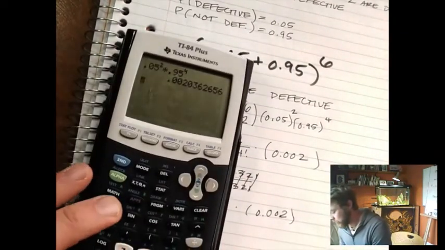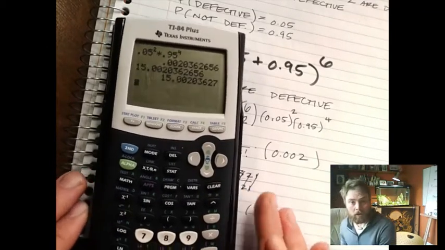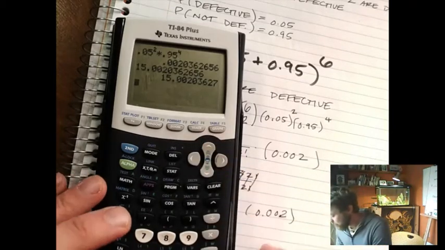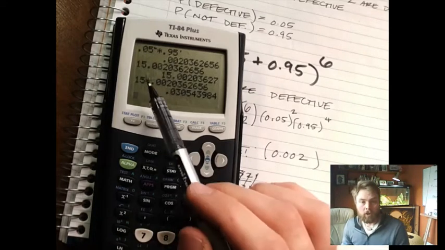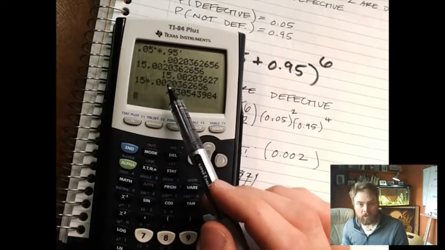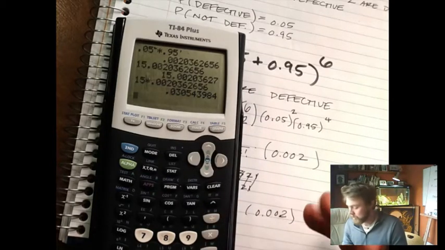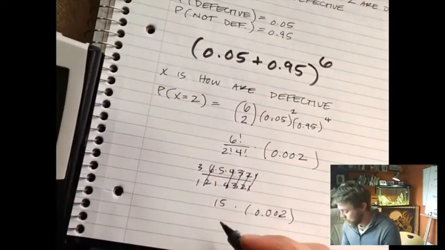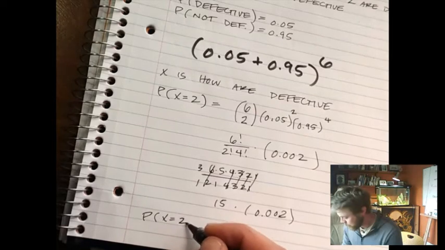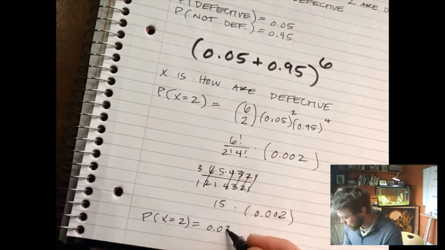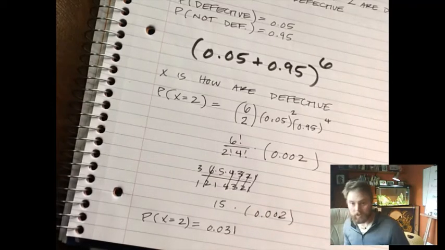It's like there's 15 branches, each with a probability of 0.2%. 15 ways times each way having a probability of 0.2% is about 3%. So probability X is 2 is about 3%. I guess if we round it up, it would be 3.1.